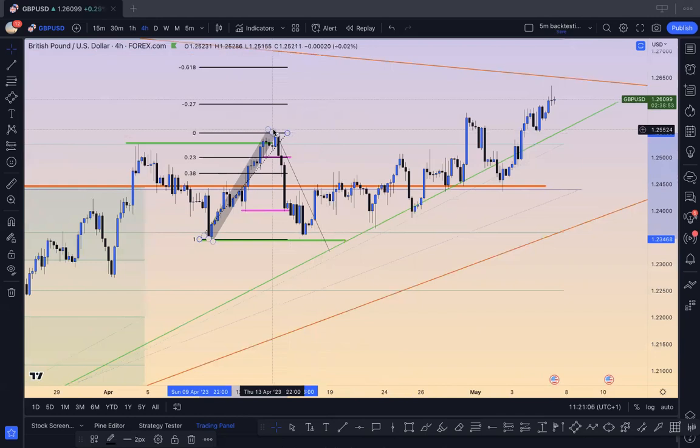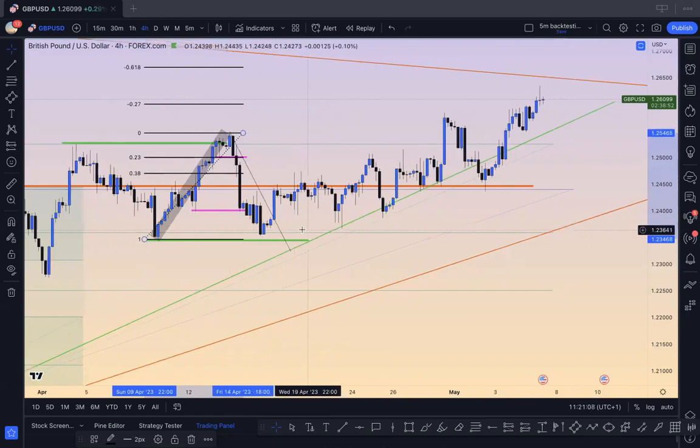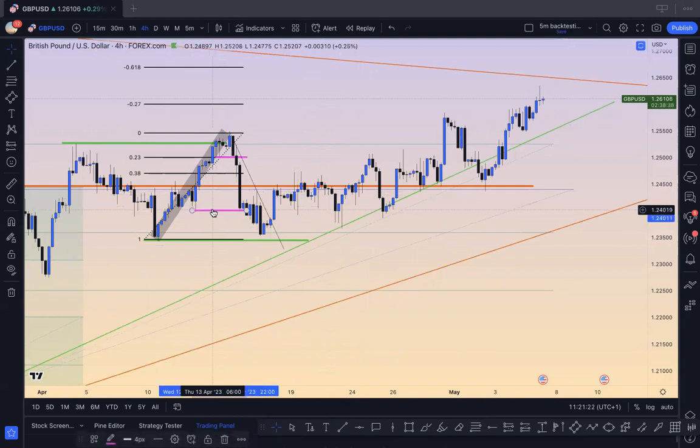We know that it's going to retrace and we will be looking for a long. But since I entered with break and retest, here it didn't retest. So I was looking for a new opportunity. In the meantime, price made a minor structure new high, and I was waiting for it to retest.